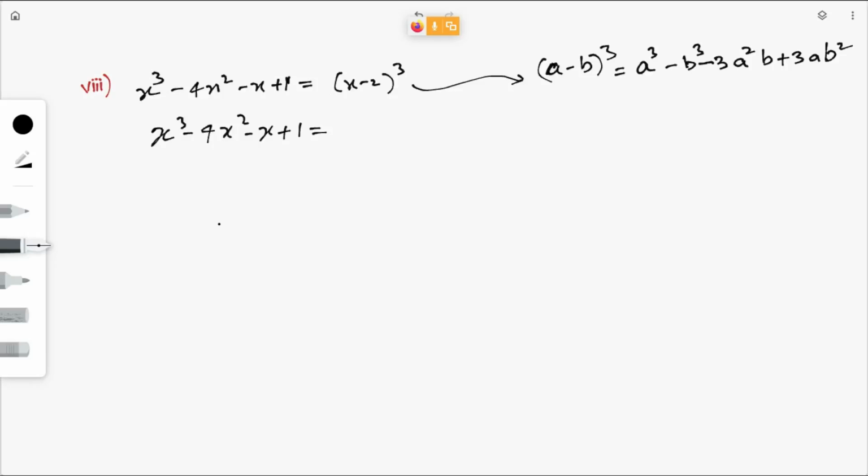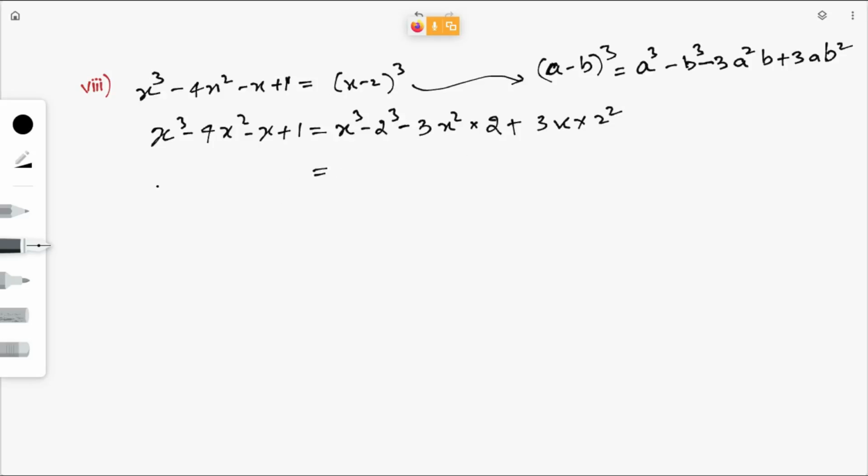X cube minus 2 cube minus 3 x square into 2, plus 3x into 2 square. Okay, very good.